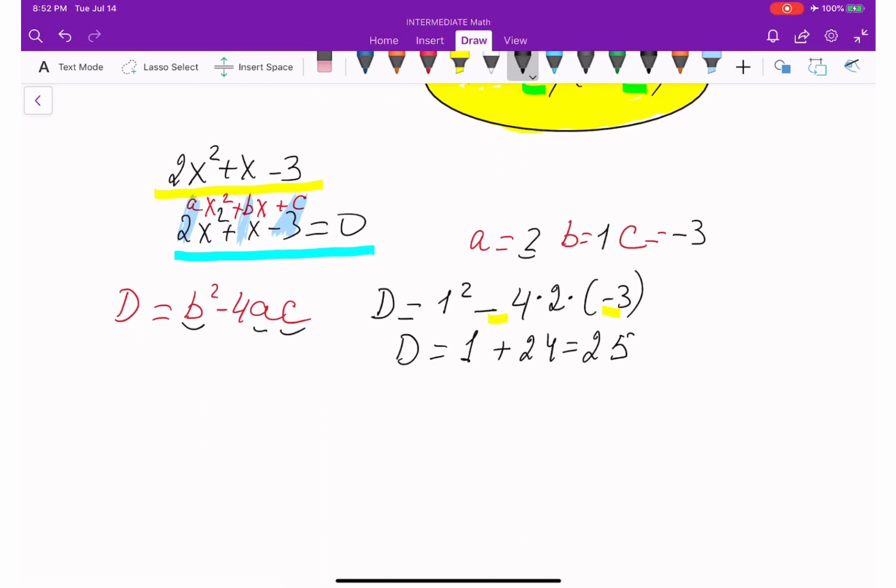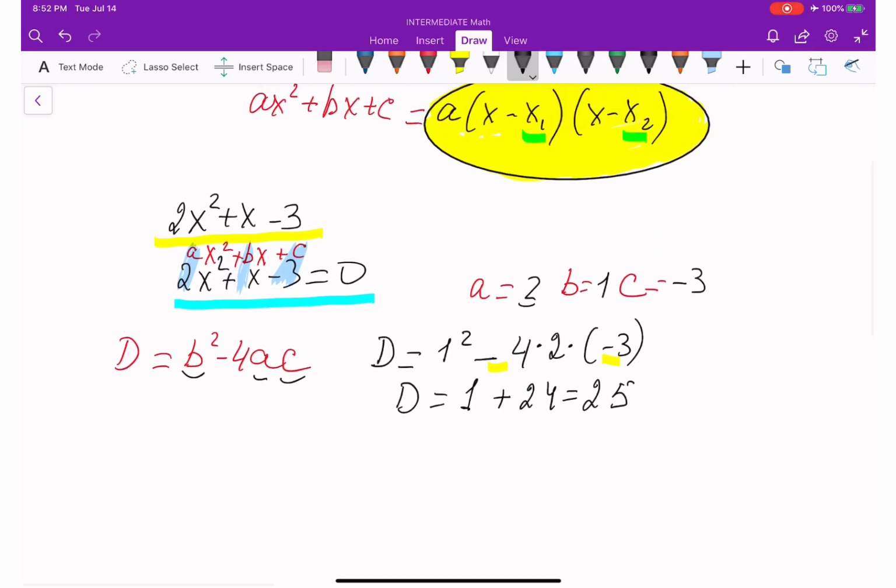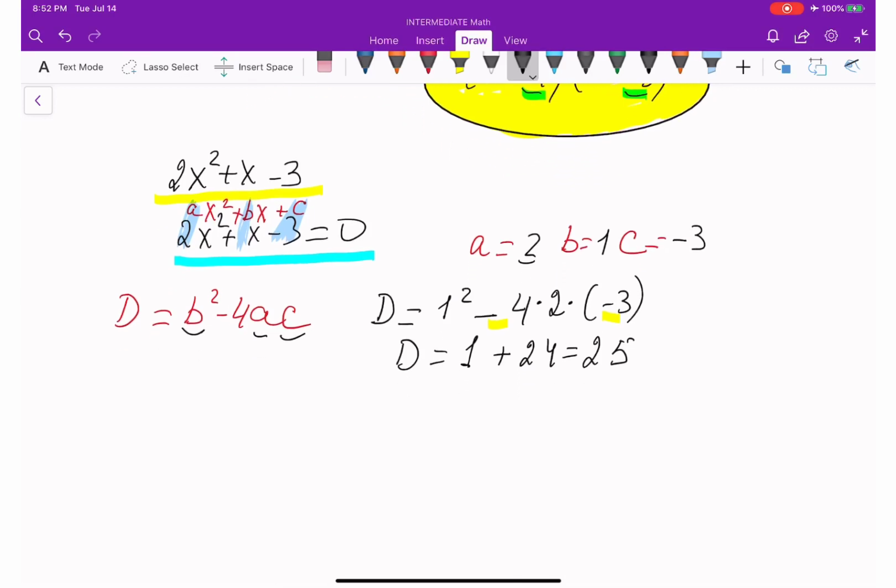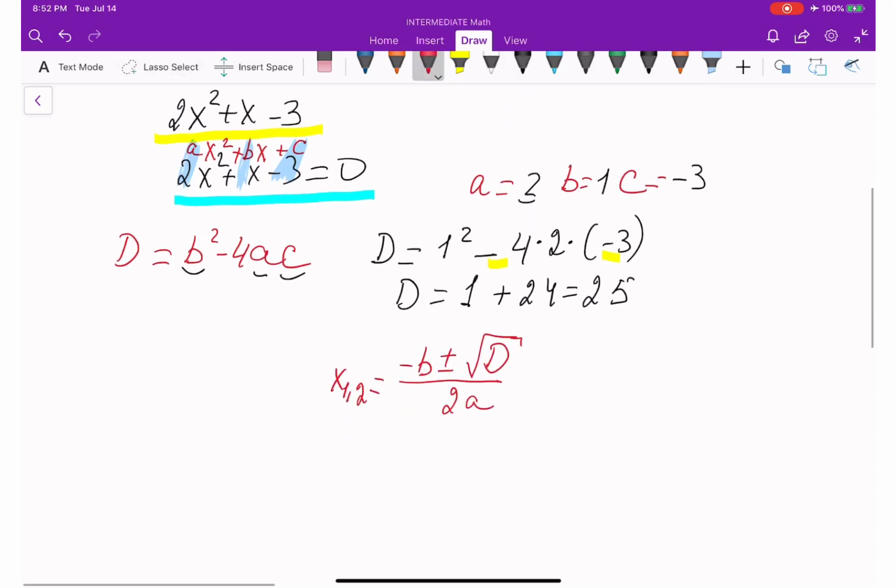And second step, we need to find this x1 and x2 here. All right, x1 and x2 is equal to negative b plus minus square root of the discriminant, divided by 2a. Let me put it in red color because it's kind of a formula.